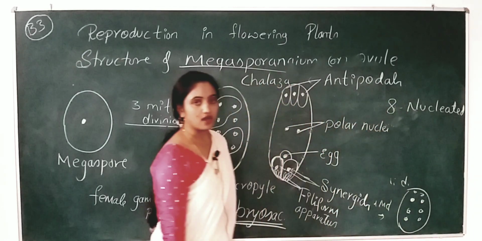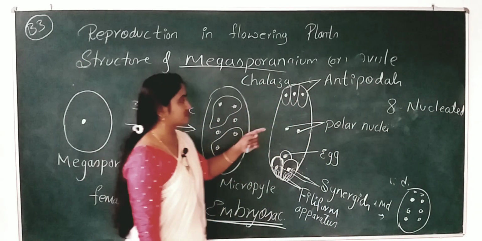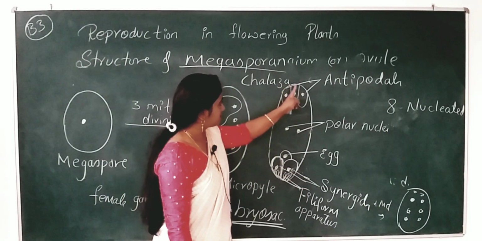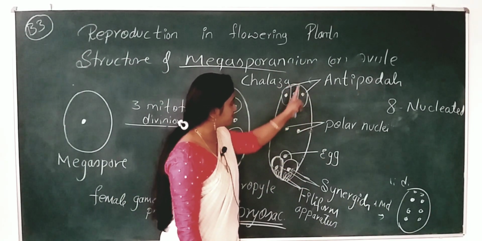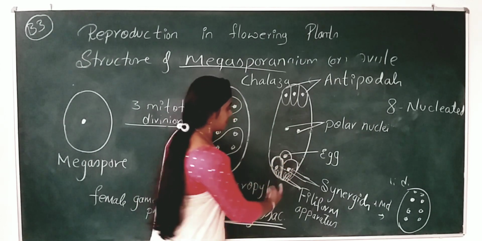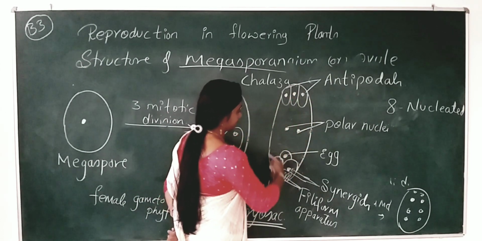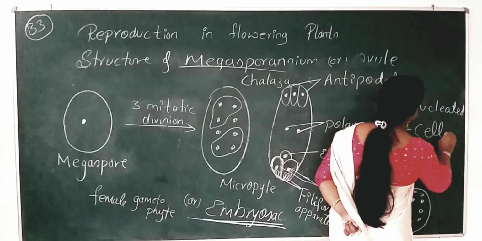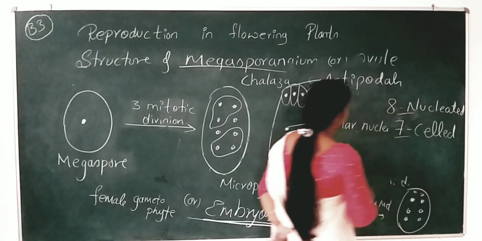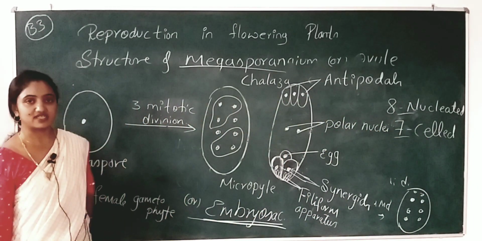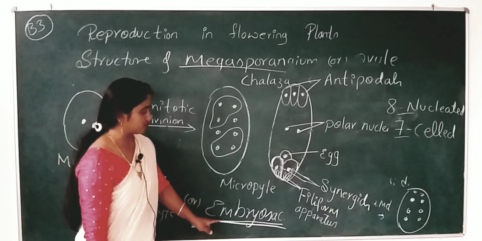And now I'll count the cells present in the embryo sac. This is 1 cell, second one, third one, fourth, fifth, sixth and seventh. So 7 celled, 8 nucleated embryo sac. So that is the description of the embryo sac.